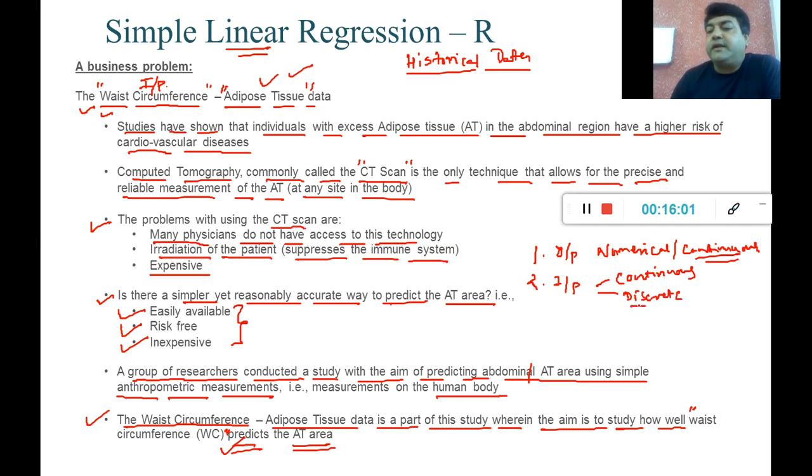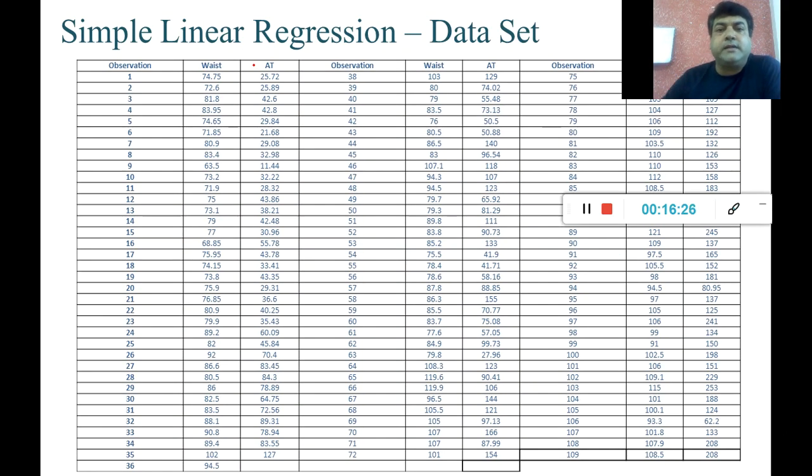But if I have it discrete, then I have to convert it into dummy variables. How we have seen it in the last episode, how to create dummy variables, right? But here we don't have to create any dummy variables. Why? Because here waist circumference is a continuous data and adipose tissues are also a continuous data. After looking at the data, you will understand this.